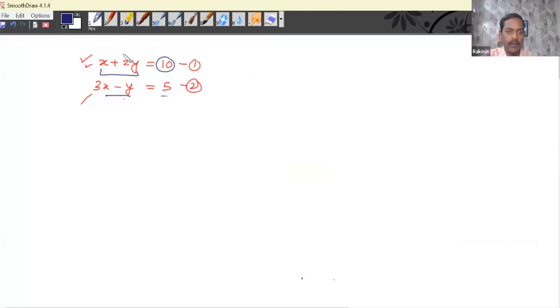Okay. So in the elimination method, first of all, we decide on our own which variable we want to eliminate. Out of two, we want to eliminate one so that only one remains. And since only one variable remains, we will automatically get the value of that variable.